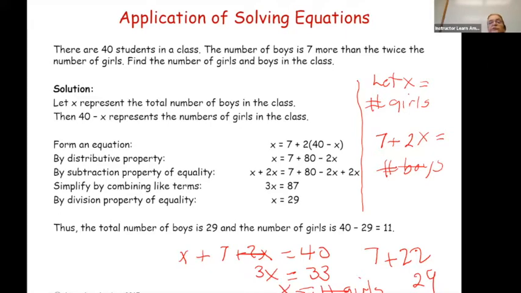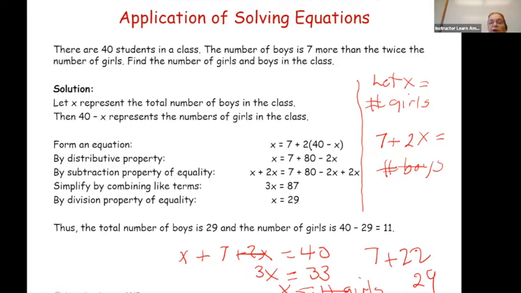But another way of doing it is that you could let X represent the number of boys. Let the total, 40 minus X, represent the number of girls. And then you form an equation between the two. The boys equals 7 added to twice the number of girls.